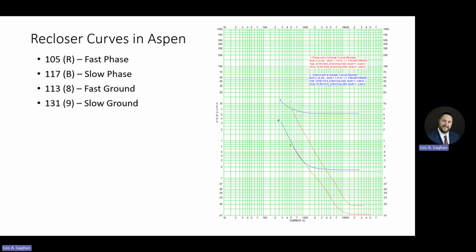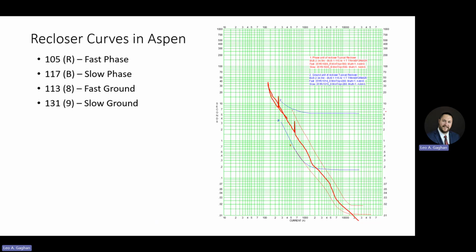So what I was talking about with fuse saving is, let's say that a fuse had a characteristic that brought us right down through here. Well, we know that most faults are temporary, right? Let's go back to that squirrel situation.